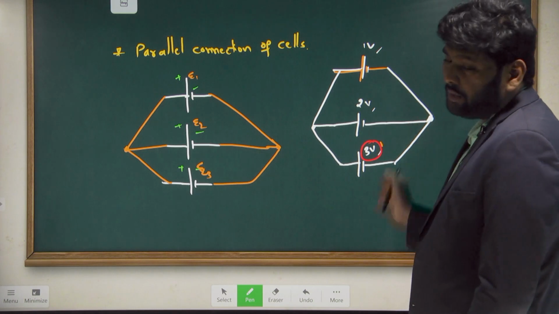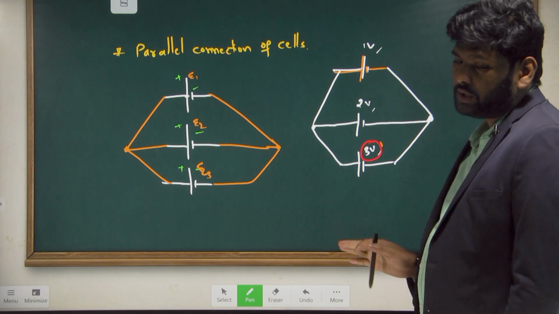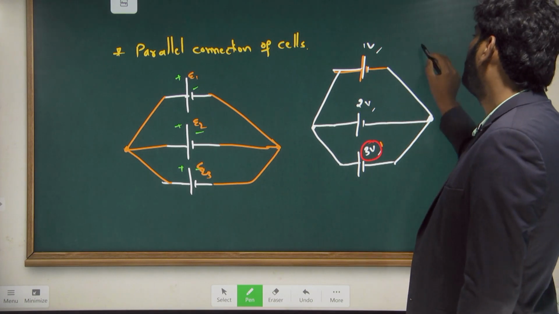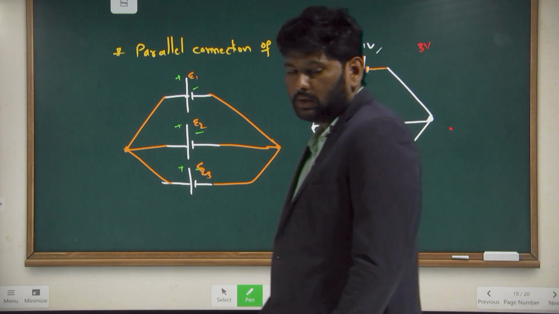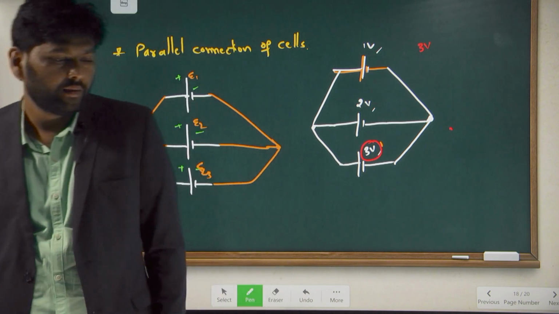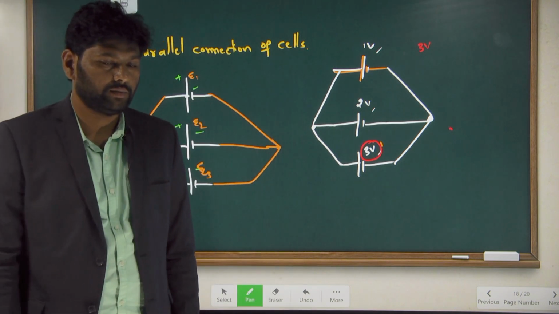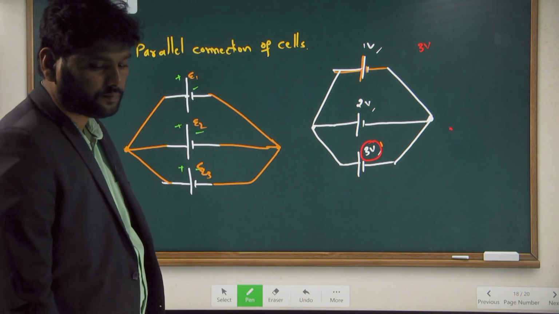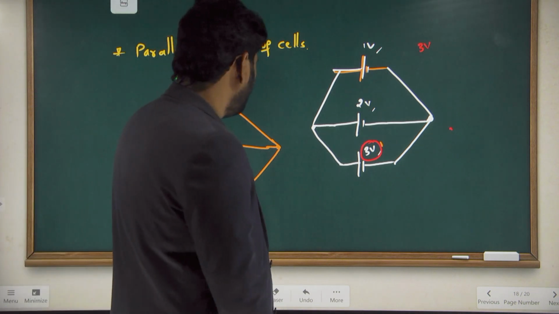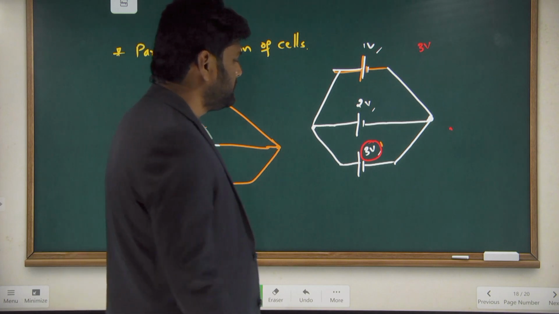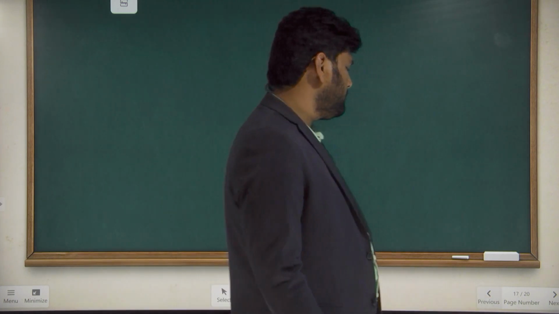So the effective EMF of this combination will be 3 volts. This is the way you will have the series and parallel connection. Understand? Yes, sir.